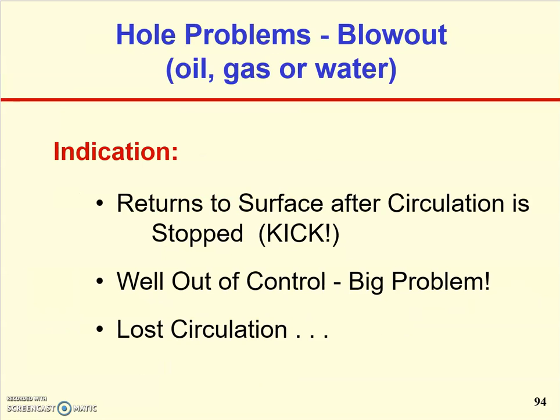And an indication is that lost circulation will be out of control, which is a big problem, right? You may detect a kick at the surface by looking at the mud pit or flow line volume controller, you can see that you have an increase in the mud pit volume or an increase in the fluid volume that is passing through the flow lines on the surface.